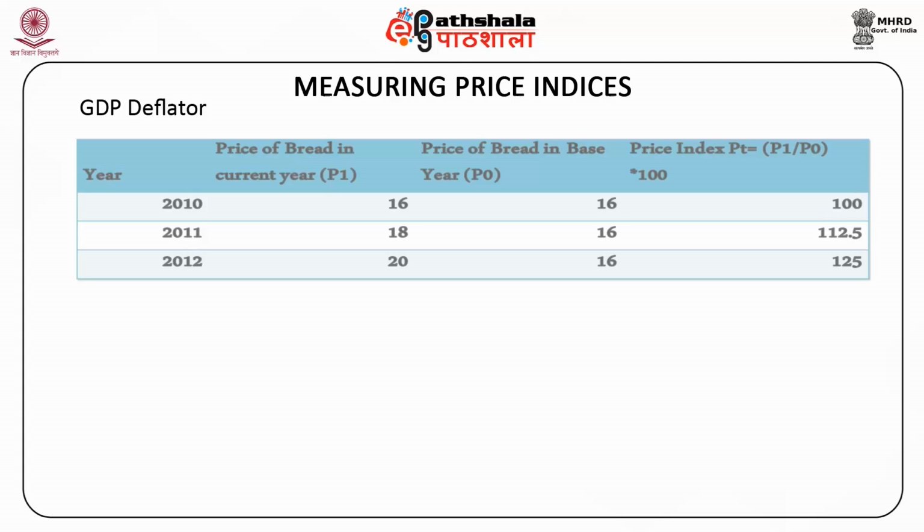This increased to rupees 18 in 2011 and further to rupees 20 in 2012. The price index is calculated by dividing the current year price by the base year price multiplied by 100. In the base year, the price index will be 100. In fact, the price index in the base year is always 100.